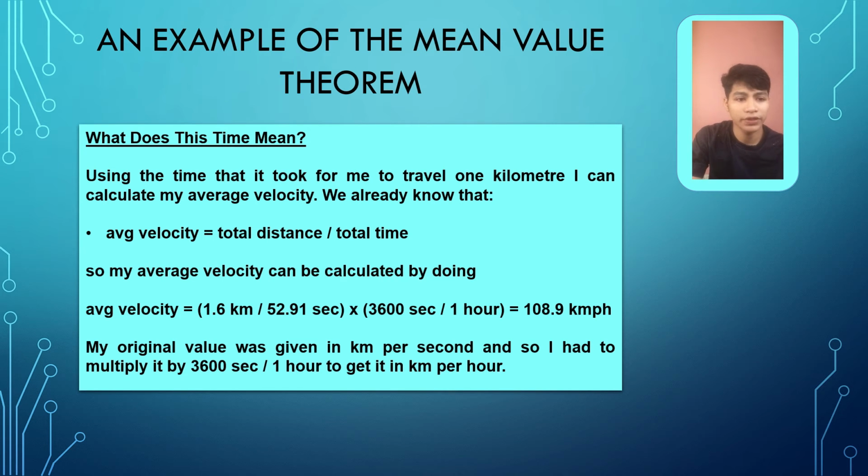So my average velocity is 1.6 km per 52.91 seconds, times 3,600 seconds per 1 hour, and we get a total of 108.9 km per hour. My original value was in km per second, so I had to multiply it by 3,600 seconds per 1 hour to get it in km per hour.